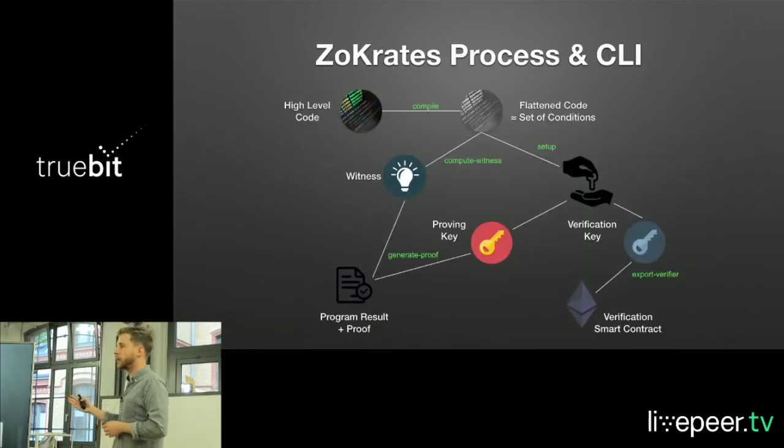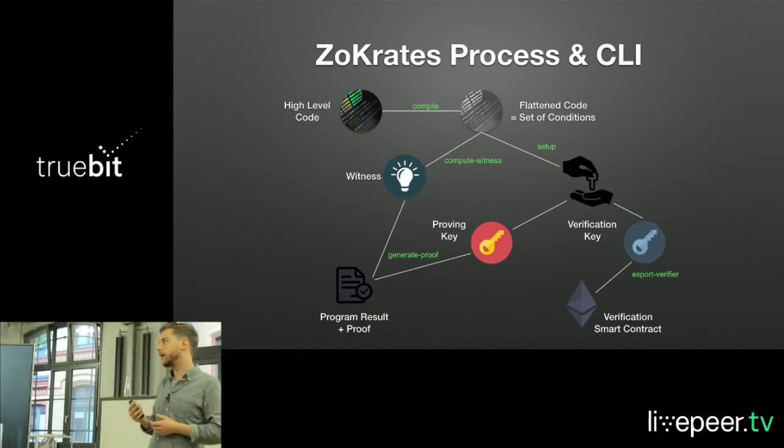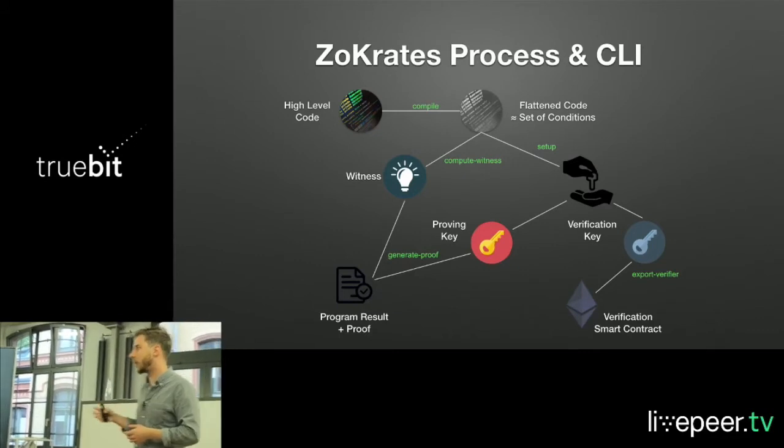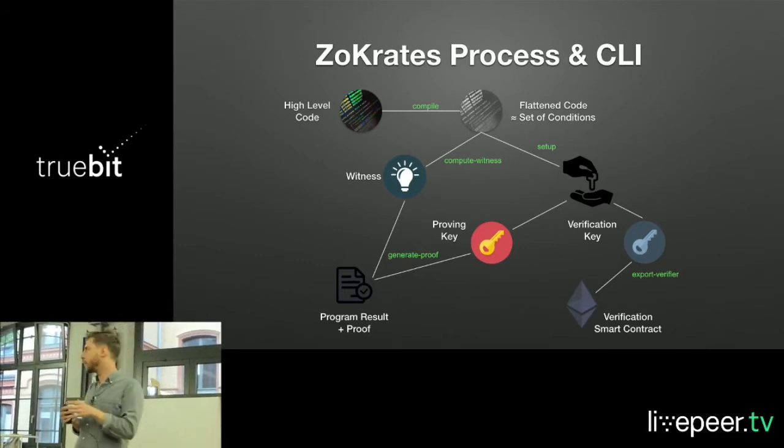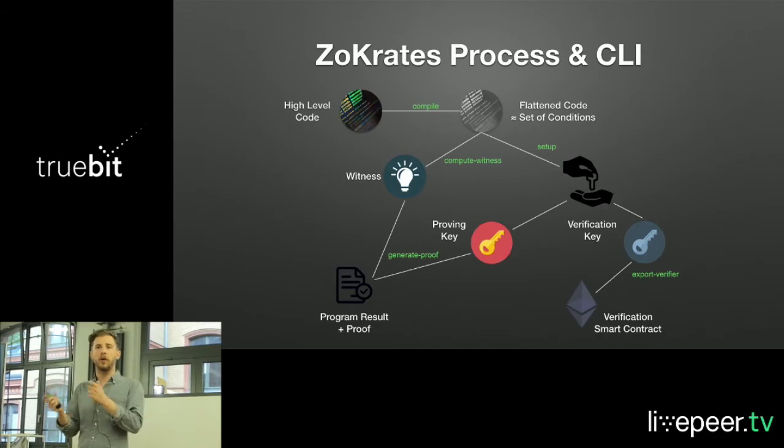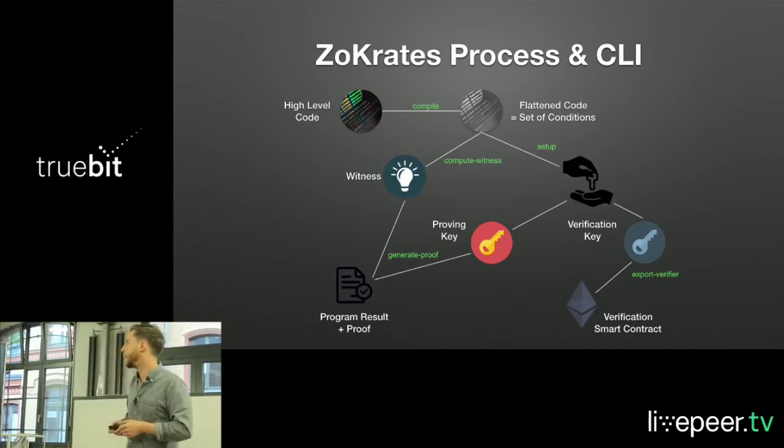From an end user perspective, what's the process when you want to use the tool? First of all, you write your code in the high-level language I just showed you, and then you compile it into flattened code. Flattened code is essentially just a set of conditions, but it has some additional information of how you can calculate intermediate values that are required later on.